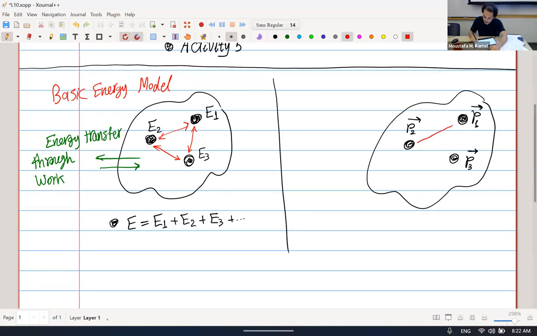These momenta can be transferred between the particles because the particles are interacting with each other. And we can also have momentum transfer into the system or out of the system, but this time through impulse. And we will see what that means.